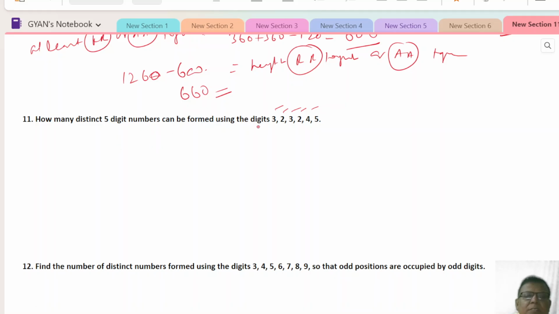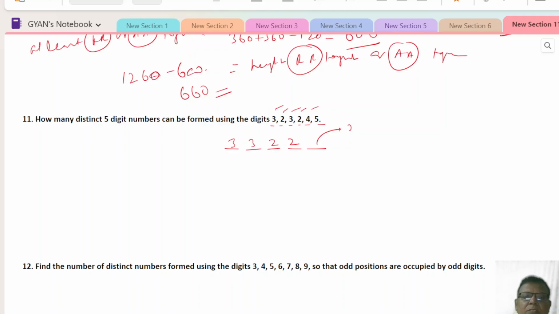A distinct 5-digit number from 1, 2, 3, 4, 5, 6. So 5 digit, this can be made 3322, and the remaining are 4, 5.